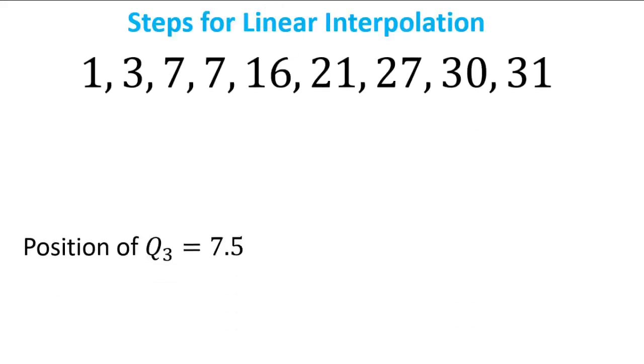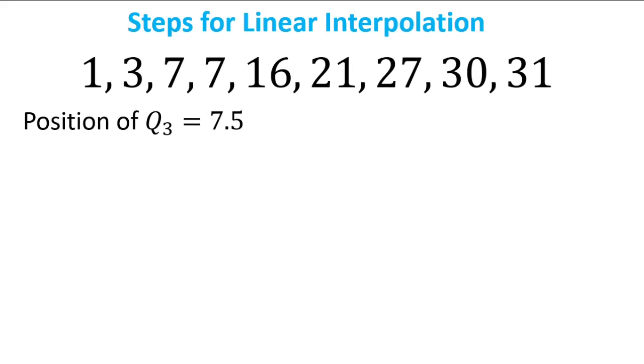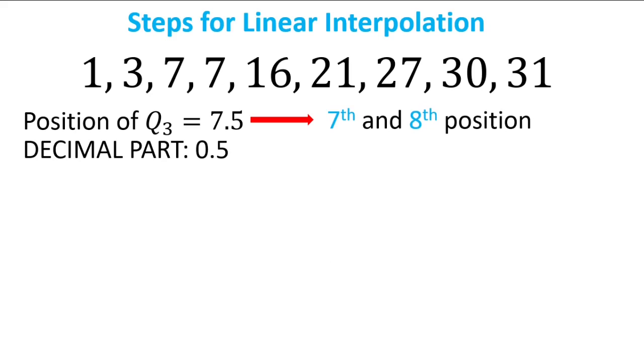Using linear interpolation. 7.5th is the position of the third quartile. And the decimal part of 7.5 is 0.5. While since this is 7.5, that means you're dealing with the 7th position and the 8th position. Again, you're dealing with the 7th position and the 8th position.